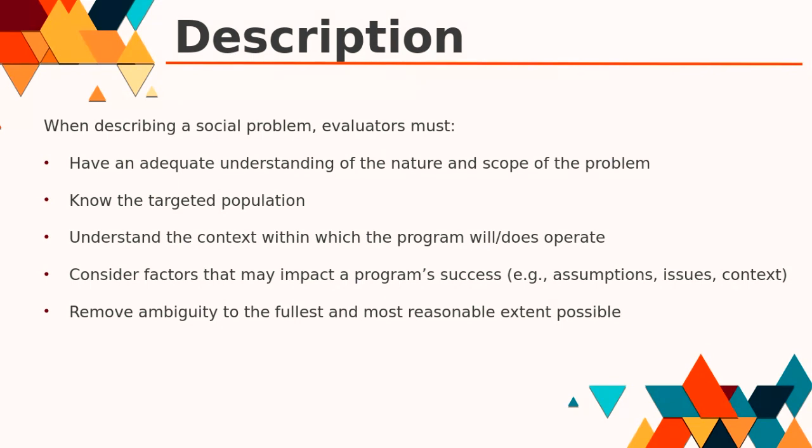So we can't rely on data that is 30 and 40 years old to address more current day problems or situations. So by collecting new data, you'll be able to remove some of that ambiguity and provide clarity around who the specific targeted population is, the nature and the scope of the problem, and certain assumptions that need to be in place to make sure that you're seeing success in the program.